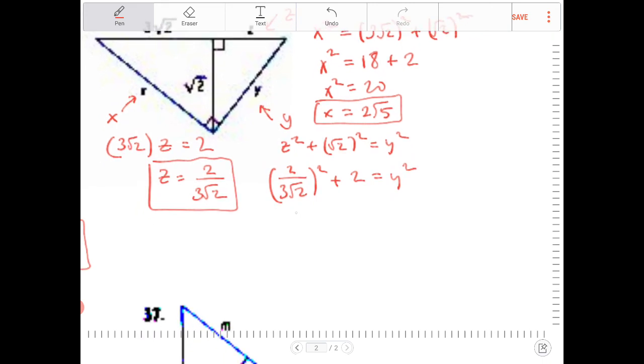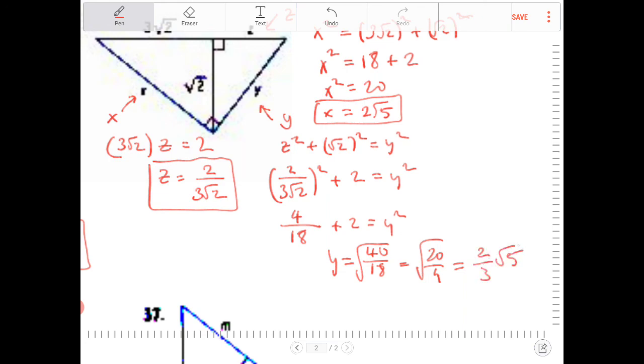If I square this, I end up with 4 over 18 plus 2 is equal to y squared, or y is equal to the square root of 40 over 18. And that reduces to the square root of 20 over 9, which also reduces to 2/3 radical 5. So y is equal to 2/3 radical 5.